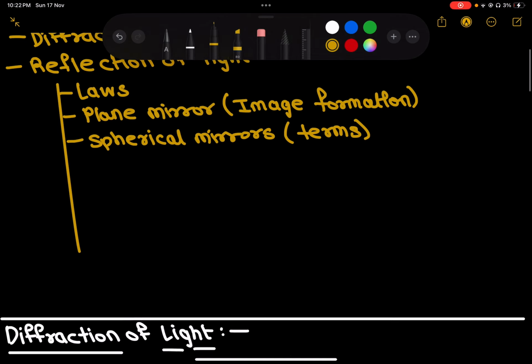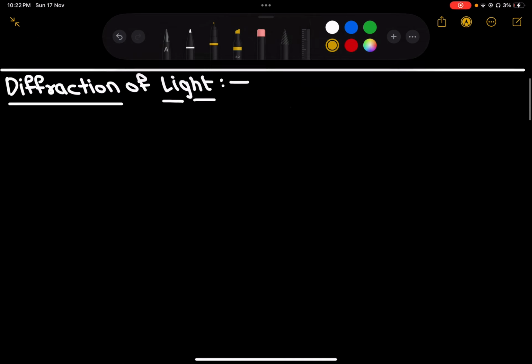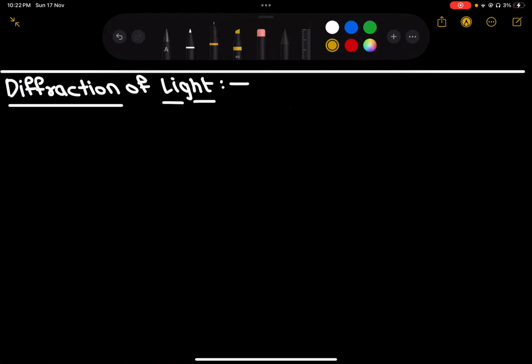So let's start. The first topic is diffraction of light. What is basically diffraction? Until now we have studied that light has rectilinear propagation, that is, light travels in a straight line.